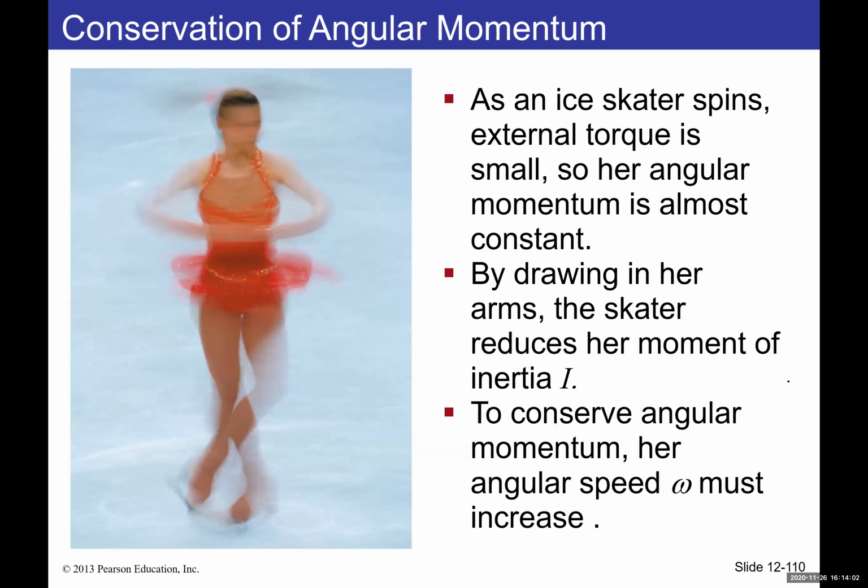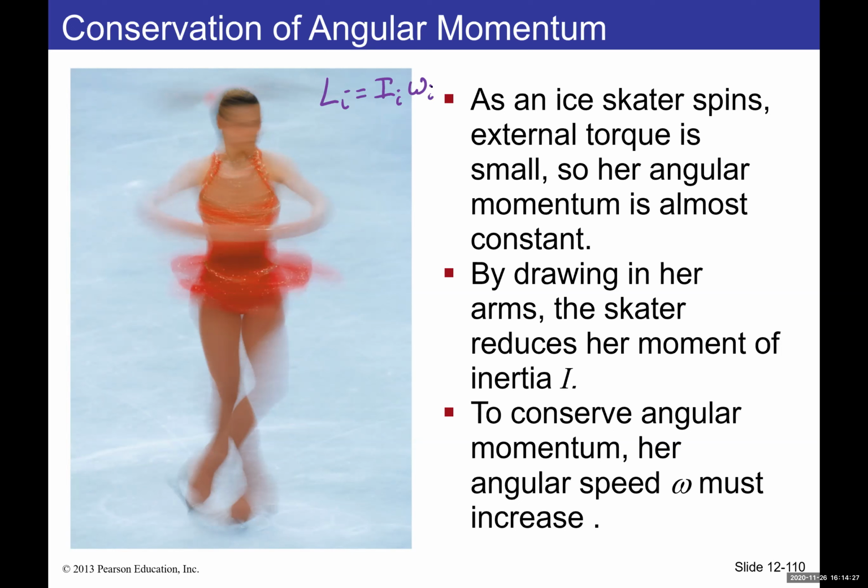And probably one of the best examples here is the ice skater who is spinning. The external torques can be small or zero because she's on ice, and we can then observe this conservation of angular momentum. So the initial angular momentum is the initial moment of inertia times initial angular velocity.